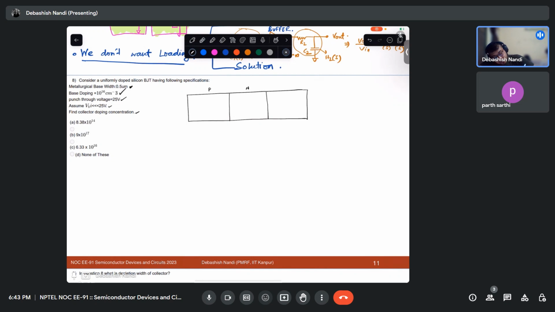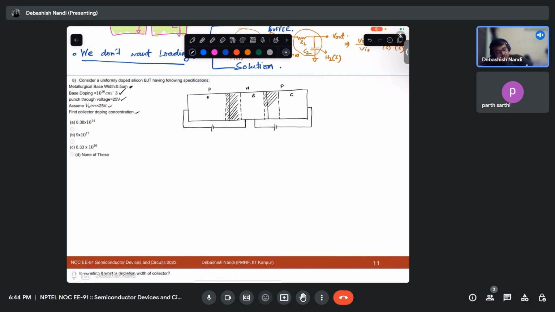This is your PNP. So these are the depletion regions. This is your emitter, base, collector. Generally forward biased, generally reverse biased.